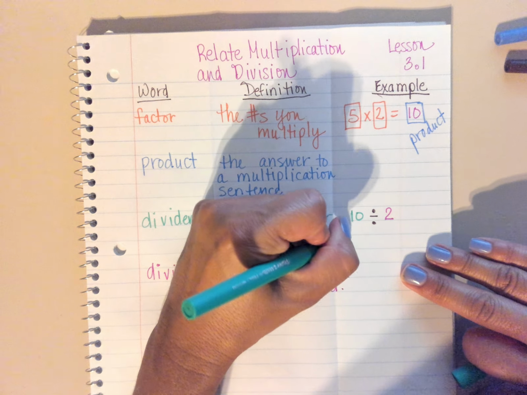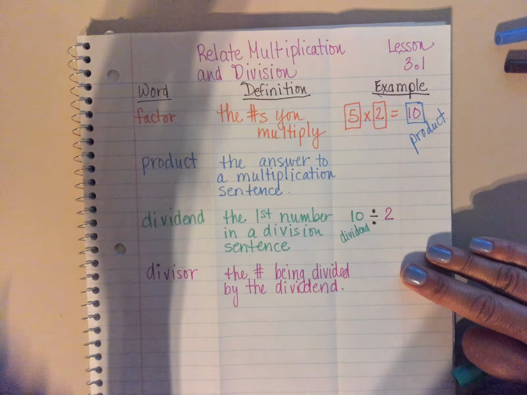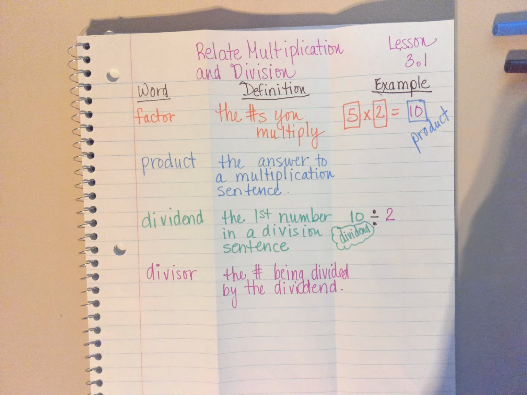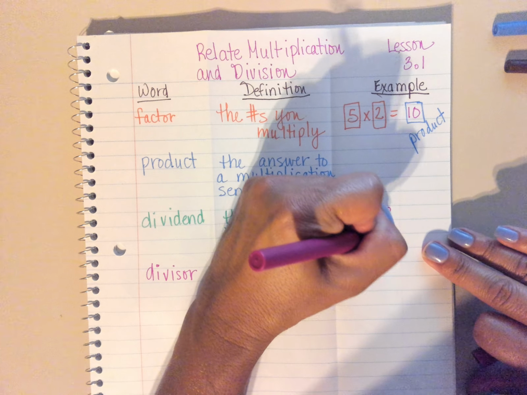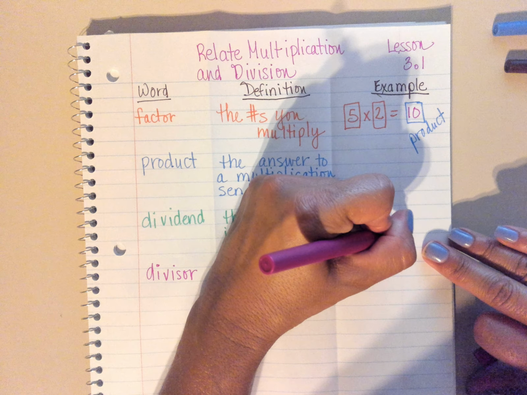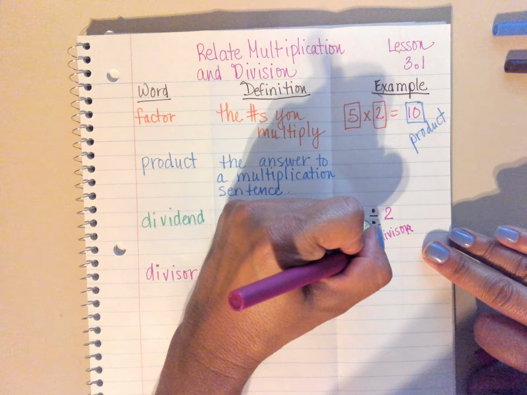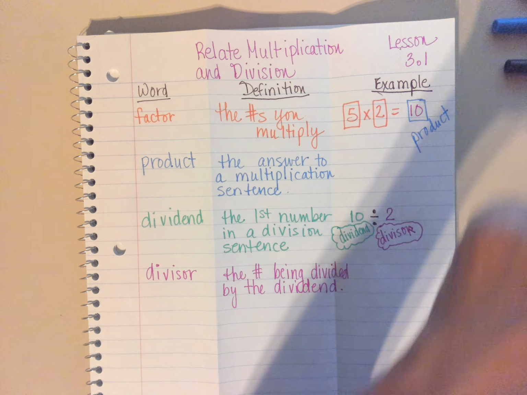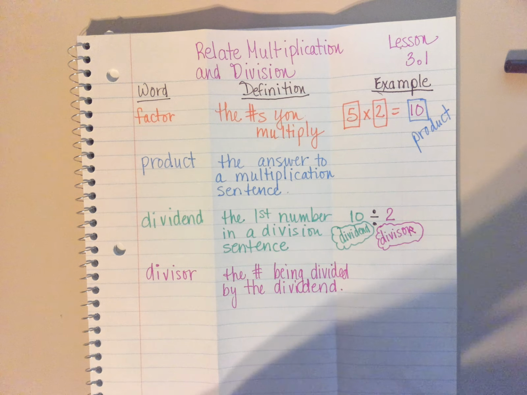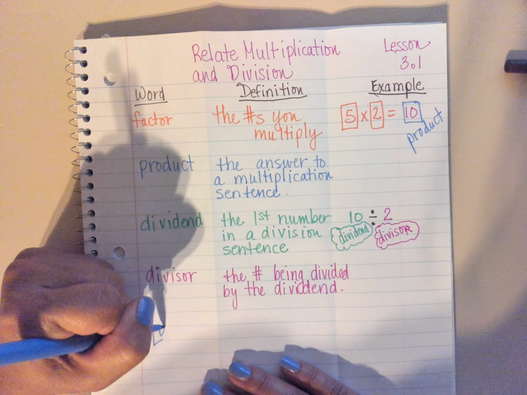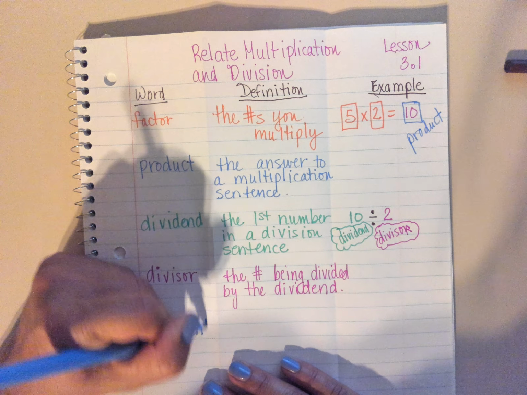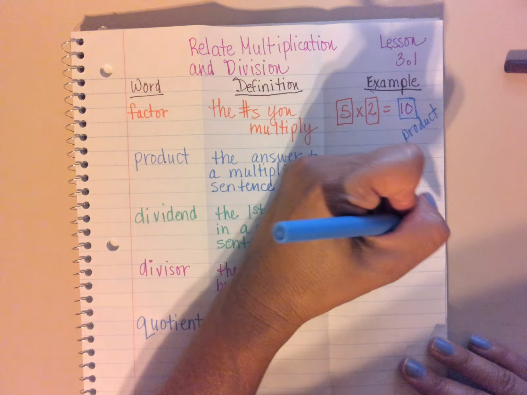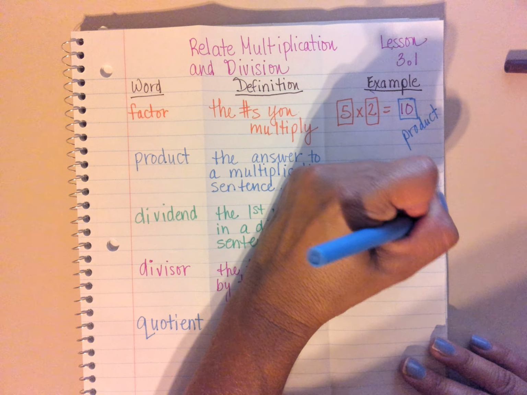It's the big number. The divisor is the number that's doing the dividing. And then we're going to get an answer. And the answer is a fancy word. The answer is a quotient. So we're going to get 10 divided by 2 is 5. 5 is called a quotient.